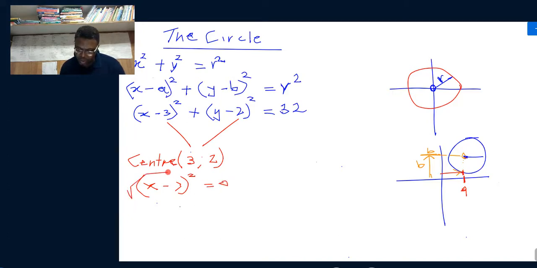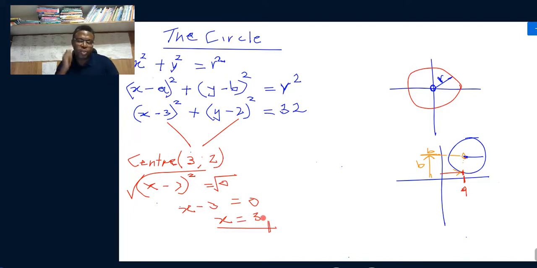So you put a square root on both sides. You have x minus 3 equals 0, therefore x equals 3. Similarly, y minus 2, all squared, equals 0, you put a square root and solve. I just wanted to show you how you get these points. So this is the center of your circle.